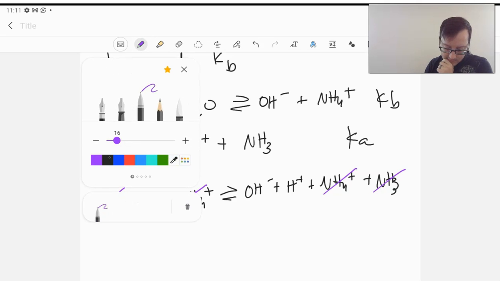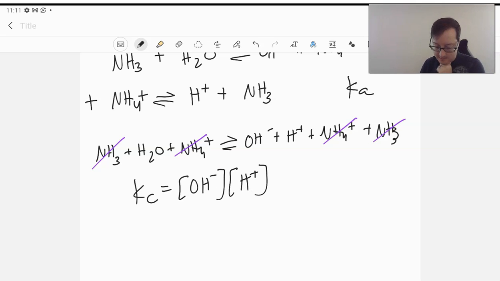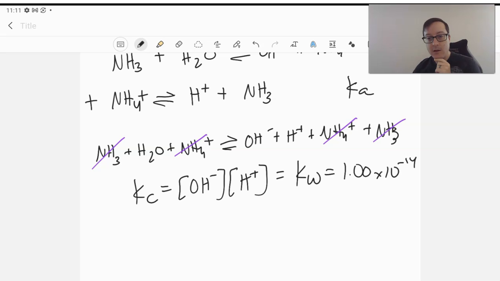And if we consider the Ka or the Kc for this equation now, OH minus times H plus, which as we know is Kw, or 1 times 10 to the negative 14.